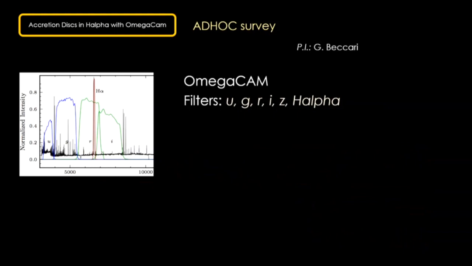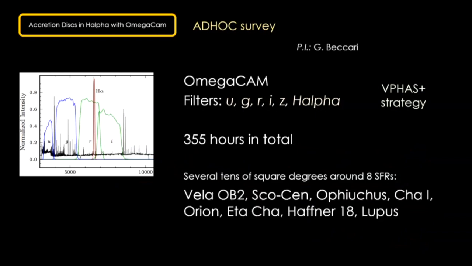This is mostly similar to what we just heard about the VPHAS+ survey. Indeed, the strategy followed by Giacomo was similar in terms of covering the sky, as well as the exposure times, to the VPHAS+ strategy. In total, there were 355 observing blocks allocated to several of those programs.